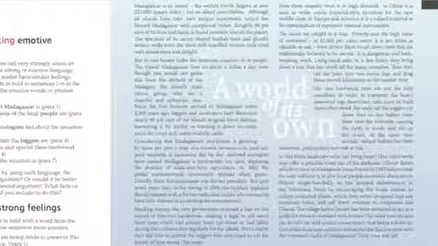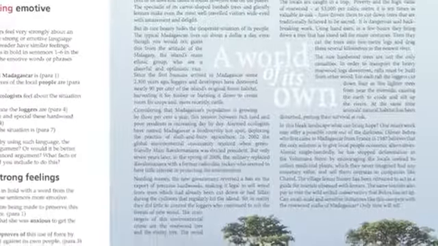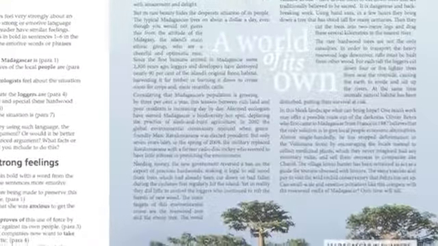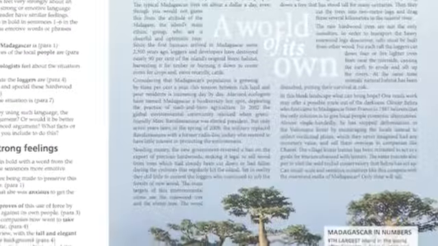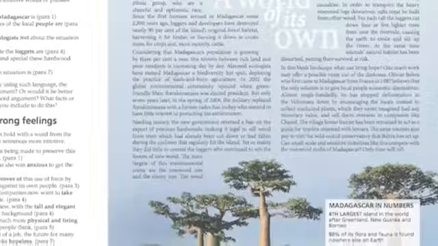There's a unit in, or a spread I should say, in the upper intermediate about Madagascar and about the harvesting of timber. I don't know if you know, Madagascar is a kind of unique environment and one that conservationists are desperate to preserve and protect.